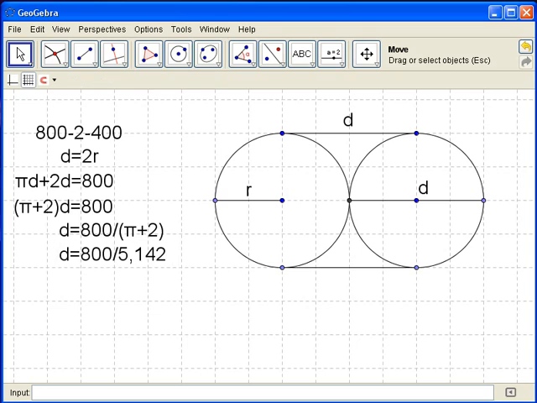Okay, so now we can start actually calculating this. I'll do it off screen with a handheld calculator.